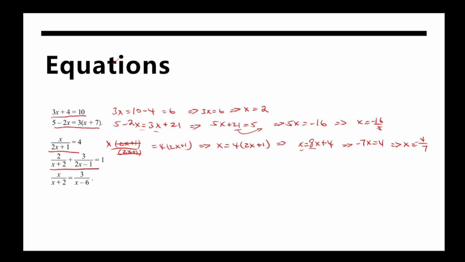Now, equations with two algebraic fractions. What we do, like combining the denominators into one fraction, is we multiply both sides by their combined denominator, which is (x + 2)(2x − 1), times 2 over (x + 2), plus (x + 2)(2x − 1) times 3 over (2x − 1), equals 1 times (x + 2)(2x − 1).